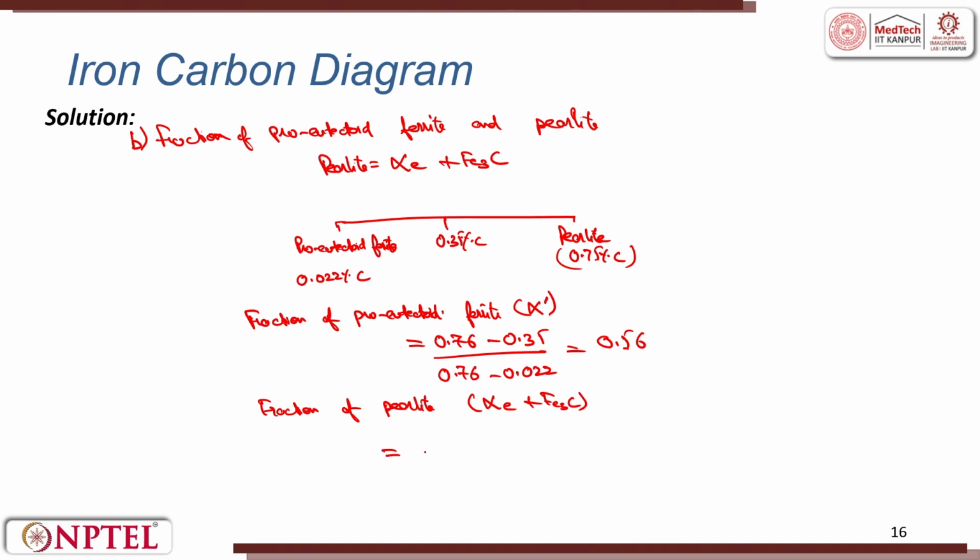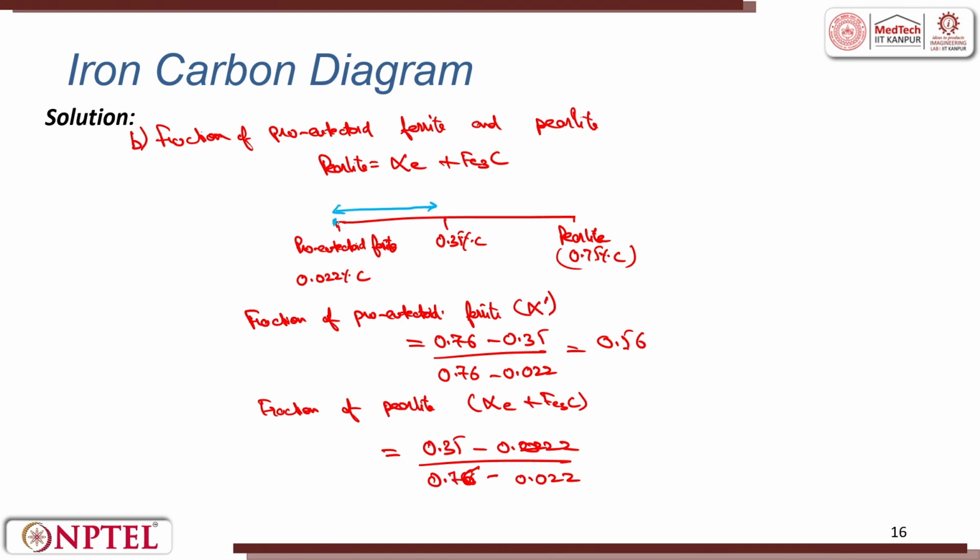This can again be taken using the tie line rule from 0.35 to 0.022, over the total, that is 0.76 minus 0.022. So, essentially this blue line is my fraction of pearlite in the total.